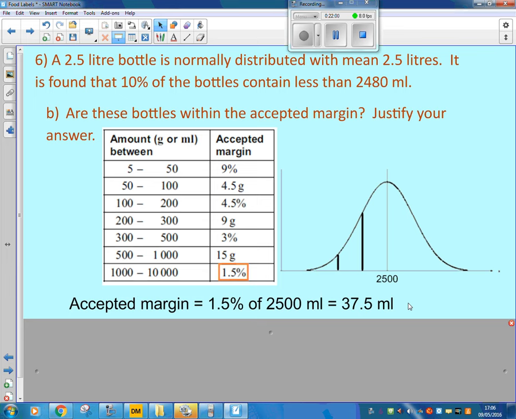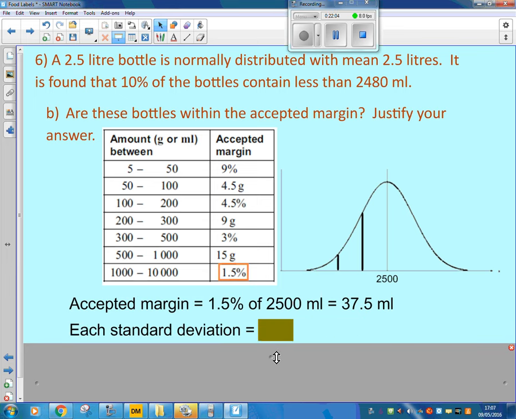Now, at first glance, you might say, well, 15.6 is less than that, so that's okay. However, you are meant to be able to go 3 standard deviations below, so my data could be within 3 standard deviations. I will have some bottles at the very end, here and here, which are 3 standard deviations away from that.